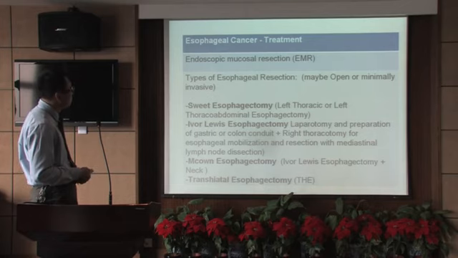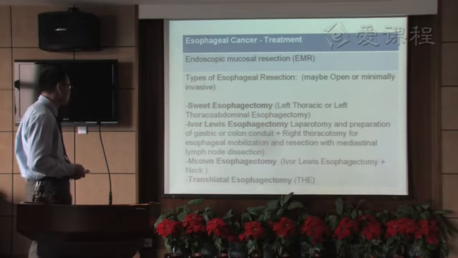Ivor Lewis esophagectomy is laparotomy and preparation of a gastric or colon conduit, plus right thoracotomy for esophageal mobilization and resection with mediastinal lymph node dissection. McKeown esophagectomy is Ivor Lewis esophagectomy plus a neck anastomosis. There is also transhiatal esophagectomy.